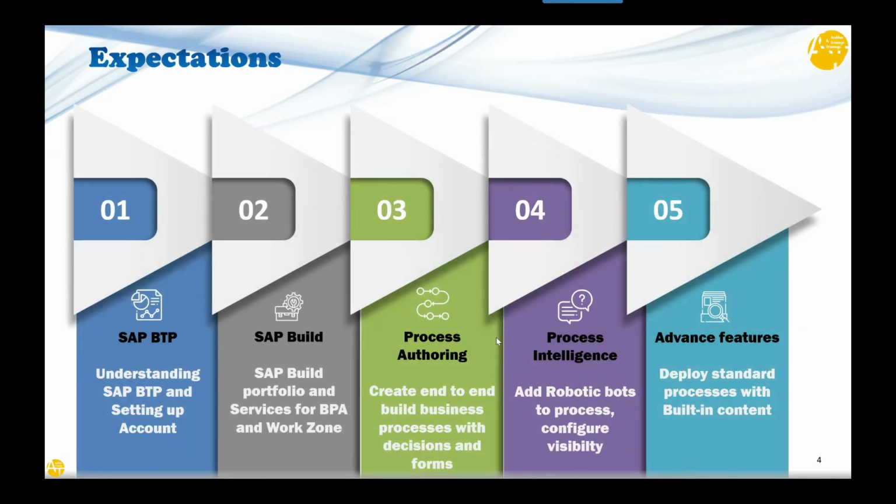Having said that, let's understand the overall broad expectations for this training. We have divided this entire module into 5 different phases over the next 30 hours of training. In the first phase, we will start with an introduction to SAP BTP.